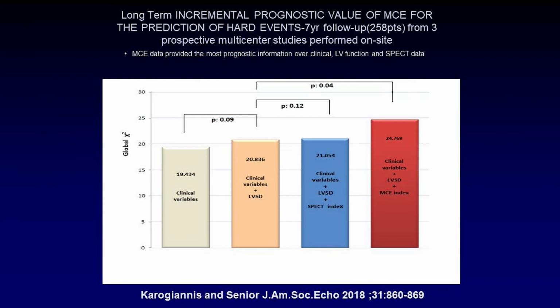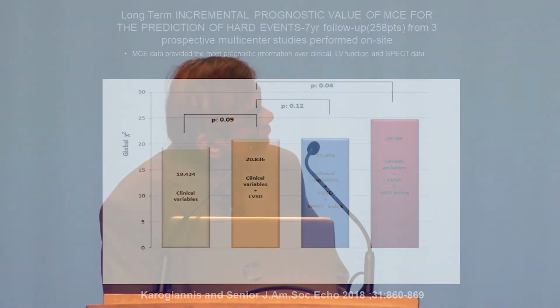So these are follow-ups of the patients, not of all the patients, but a group of patients, and you will see that if you look at all the clinical variables, left ventricular systolic dysfunction, and you add SPECT on top, you get some improvement, but if you add myocardial contrast echocardiography on top, you get the greatest improvement in terms of outcome. So it's a technique which gives you both diagnosis and prognosis of coronary artery disease.